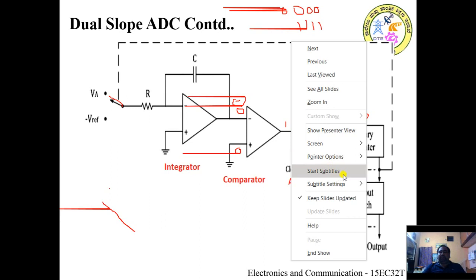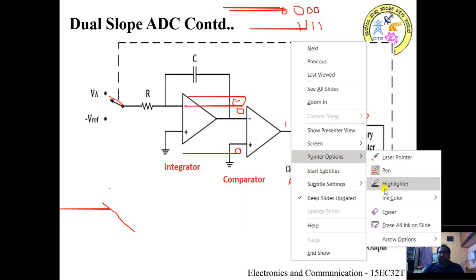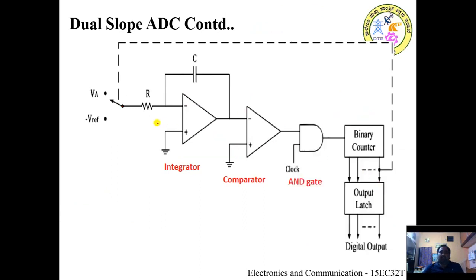Now, once after the time interval T1, let me erase all this. Now the binary counter makes the switch change its position to the negative reference voltage.